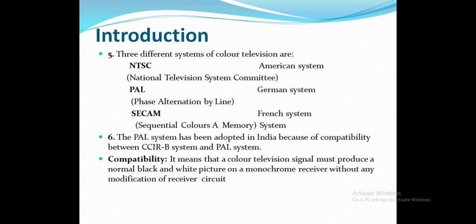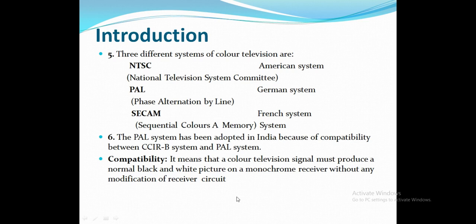Compatibility means that a color television signal must produce a normal black and white picture on a monochrome receiver without any modification of the receiver circuit. In olden days we used black and white TVs.